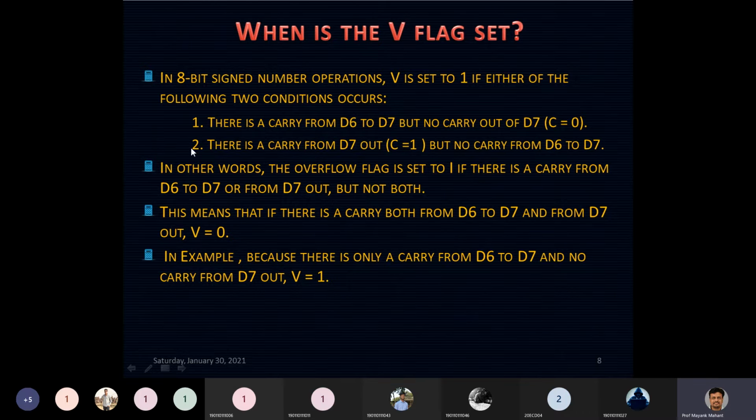So these are the two conditions where you will find that the V flag is raised, and raising the V flag tells us there is an error in the result. In other words, the overflow flag is set to 1 if there is a carry from D6 to D7 but no carry out. This means that if the carry is from D6 to D7 and from D7 out, V is equal to 0. Already we have discussed this.